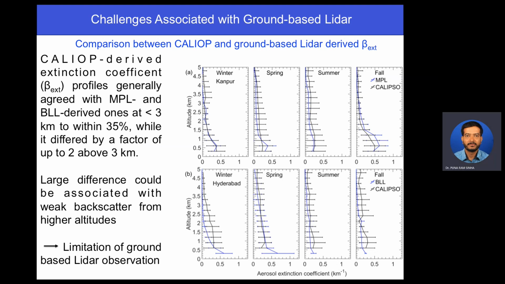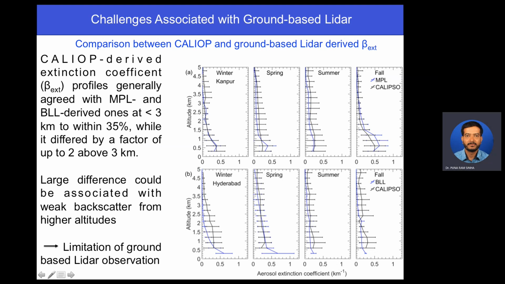So the Calypso derived extinction coefficient, as you can see here, agreed very well with the boundary layer LiDAR below 3 kilometers, up to 35%, but it deviated by a factor of 2 above 3 kilometers.